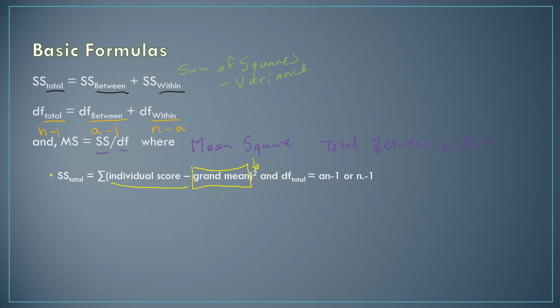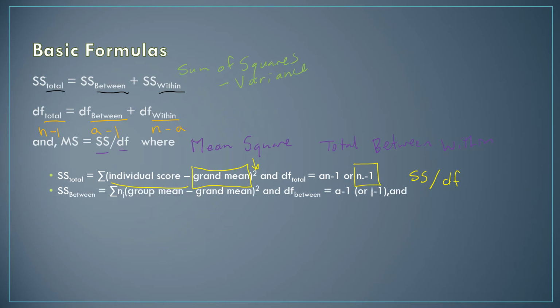And for the degrees of freedom, you're looking at your total group and subtracting 1 to get your degrees of freedom for the total. Then these two together, so the sum of squares divided by the degrees of freedom, would give you your mean square for your total group.